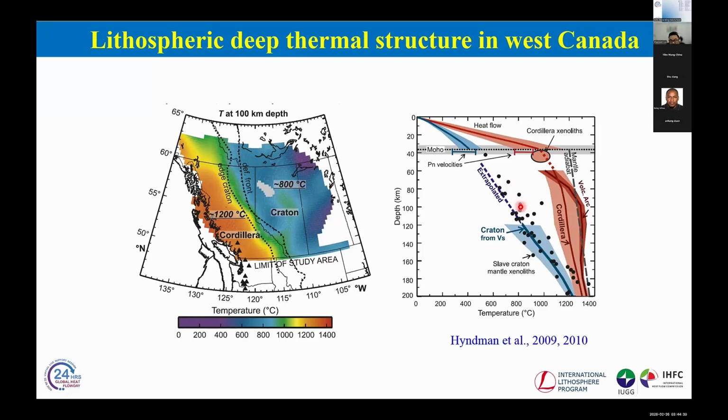This is the thermal profile, the temperature profile combined with the Moho from P-wave constraints and also with xenolith PT data. So this is a totally integrated profile for the deep temperature variation for this area. We can see the Cordillera and the craton have different thermal structure.